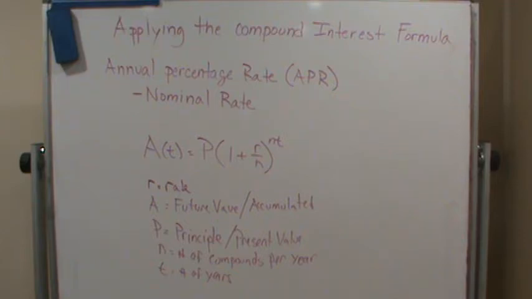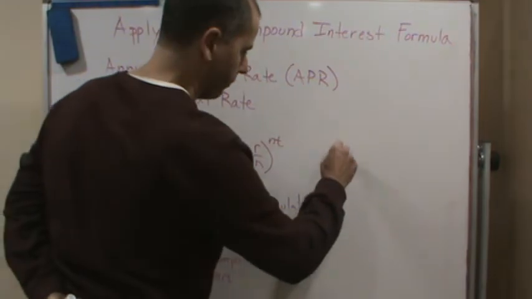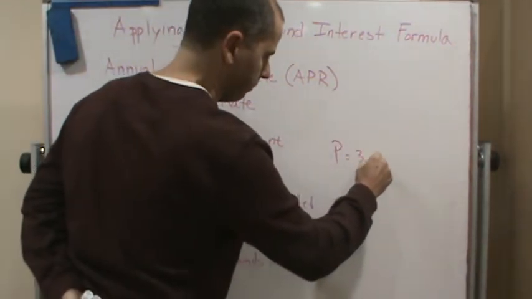If we invest $3,000 in an investment account paying 3% interest, compounded quarterly, how much will the account be worth in 10 years? In this case, it says we are investing $3,000. That's P, right? P is 3,000.